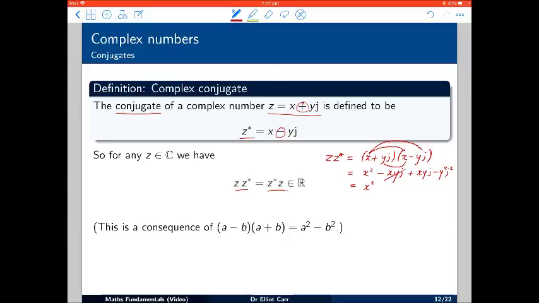So this is going to simplify. These two terms cancel. The j squared becomes a -1, so this becomes x squared plus y squared. And x and y are both real numbers, so this is a real number. This result is a consequence of the difference of two squares, which is classical in algebra.